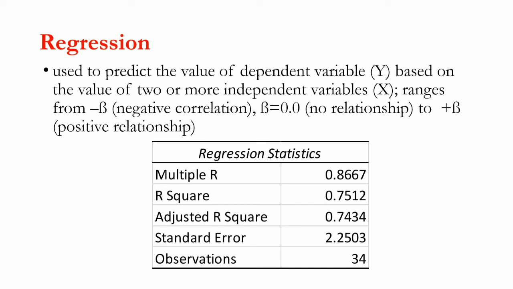So there's correlation between the two, 0.86, that's above normal correlation, and that is explained by the independent variable by 75%. The other 25% is accounted for by other independent variables.